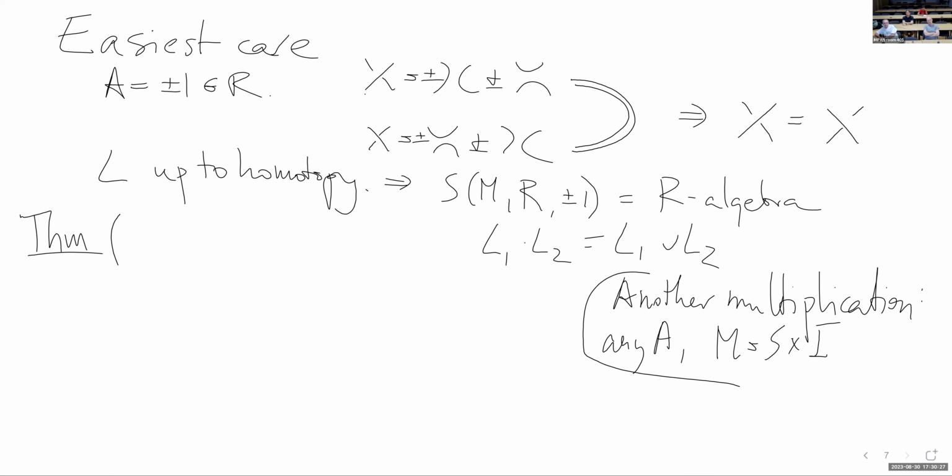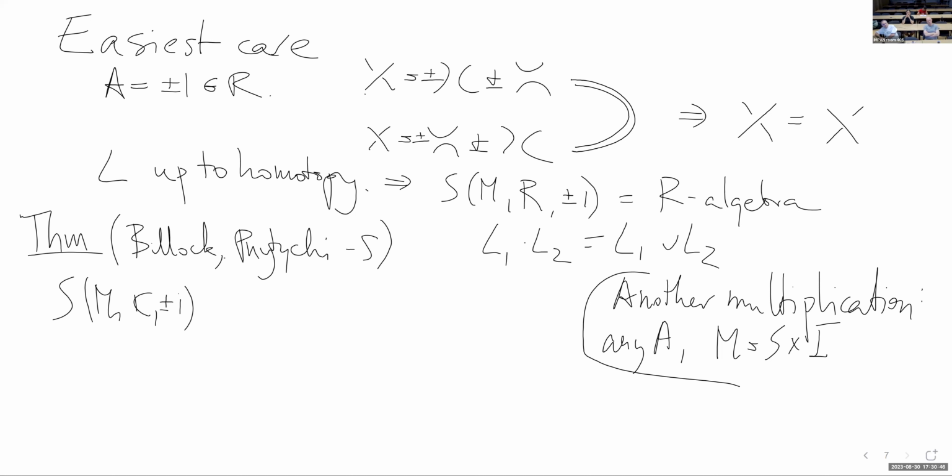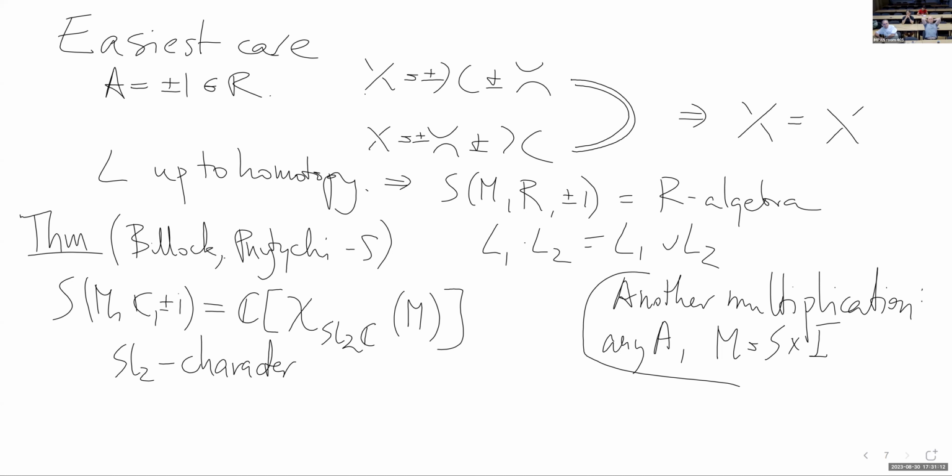The theorem is due to Bullock, Przytycki, and myself, which says that this skein module is isomorphic to the coordinate ring of the SL2C character variety of M. All right, now, what's that?